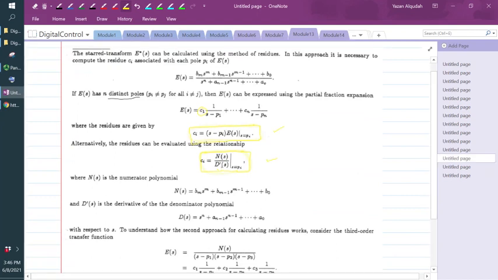So another method of calculating the Ci's is just by taking n of s divided by d prime of s. And again, assuming this, we express this as equal to n of s divided by d of s. Okay.